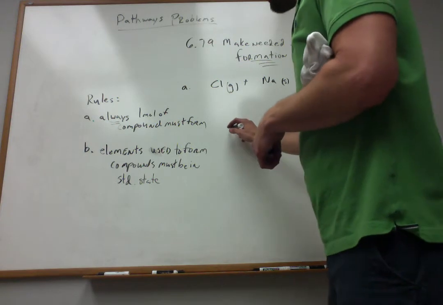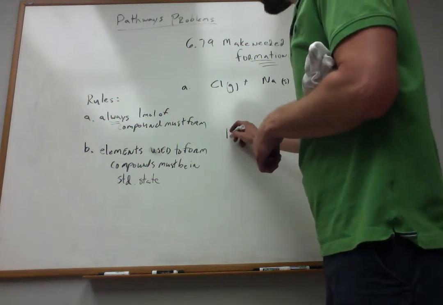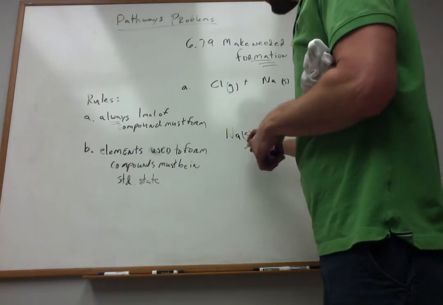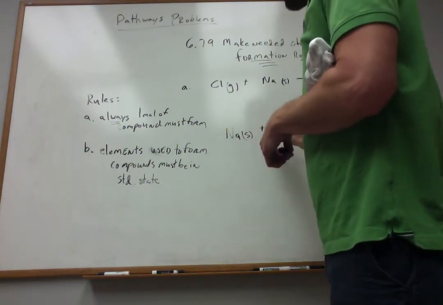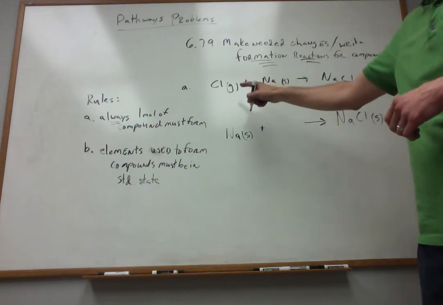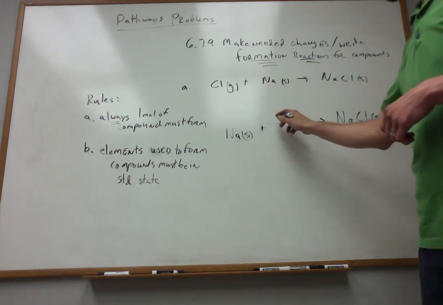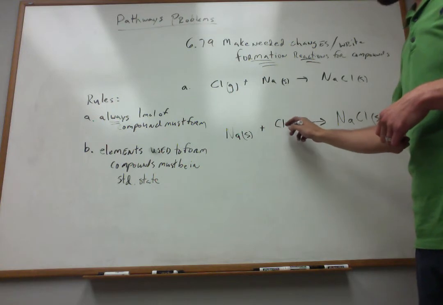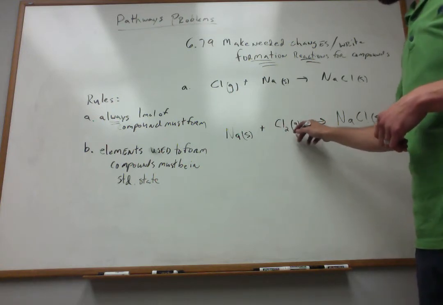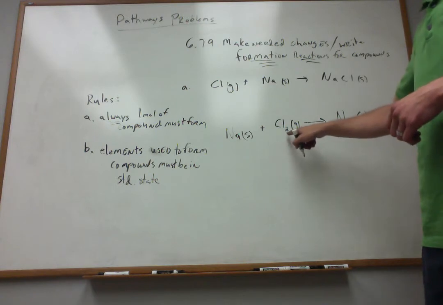For sodium chloride, it's of course sodium and chlorine. So I'm going to have sodium solid, 1 mole of that, and I'm going to combine it with chlorine. But there's a problem here that I don't like. Chlorine is a molecular diatomic gas. So it is a gas. That's okay, its phase is okay.